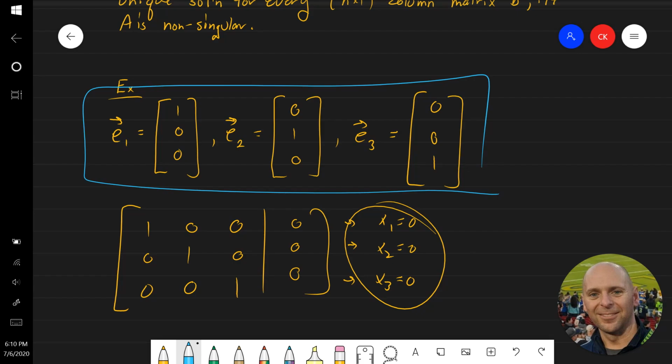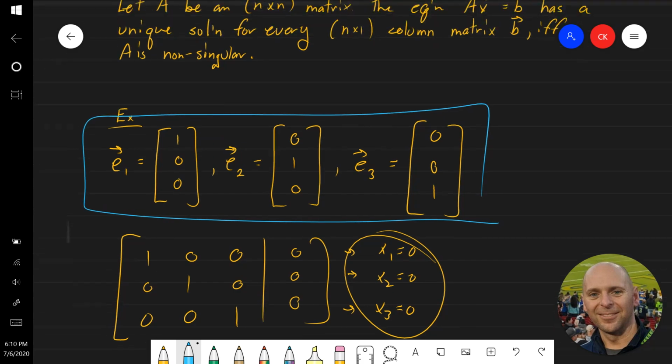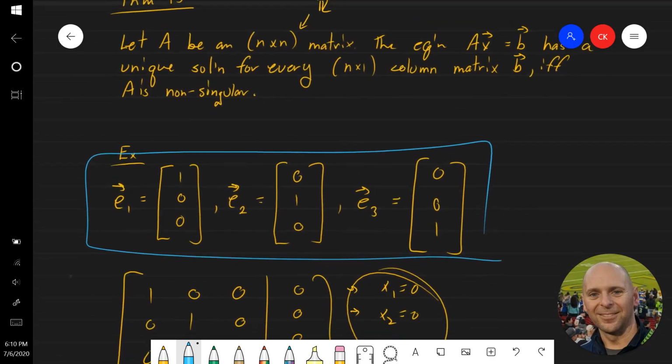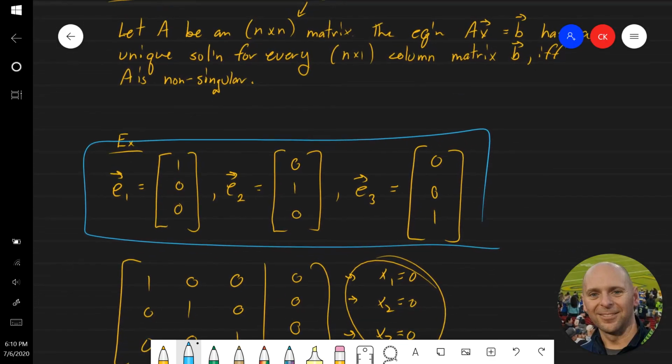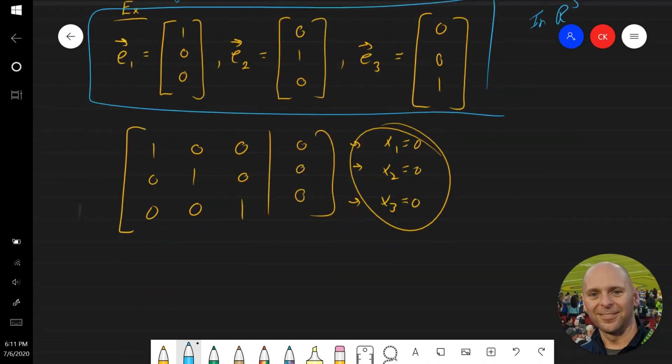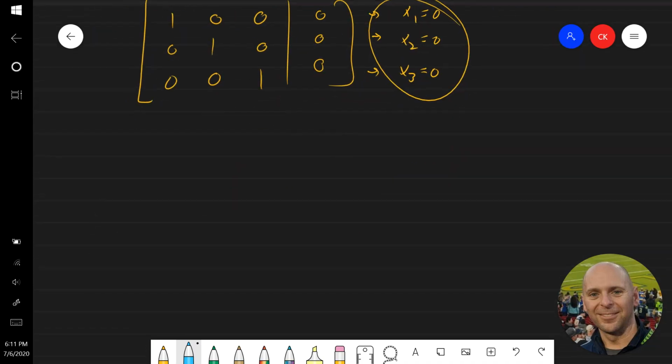What we want to then show is that for every vector in R3, because these are all in R3, we can write it as a linear combination of E1, E2, and E3. We can do a quick example of this by grabbing any random vector.